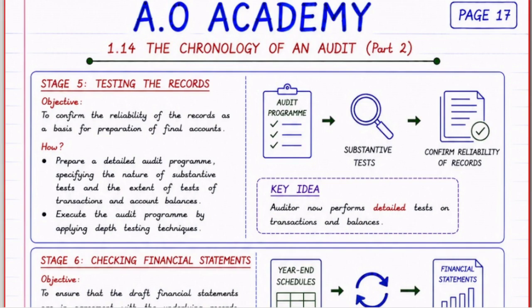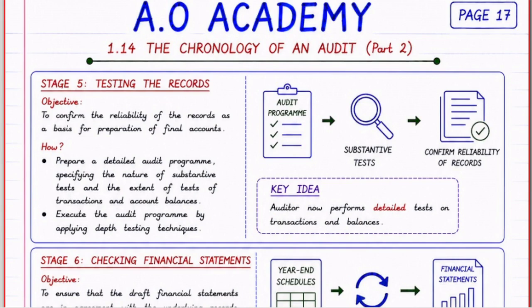Those 4 stages have their own importance. So that's the first part. This is the second part. This is now testing the records.